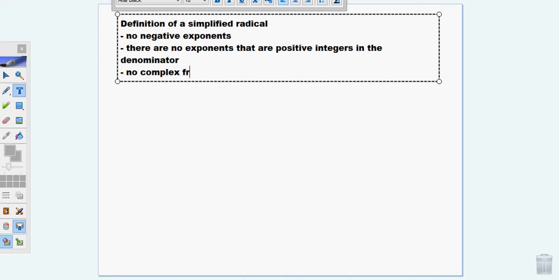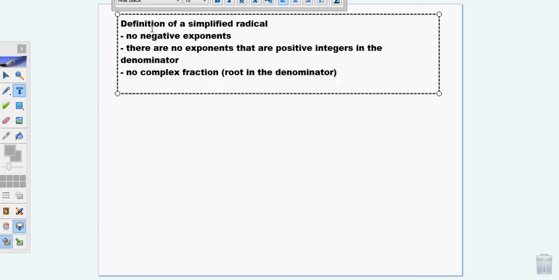And when we talk about complex fraction, what that means is really a root sign in the denominator. They call that a complex fraction. And the number that's inside, they call that the index. The number inside the radical is the most simplified or the least possible number.